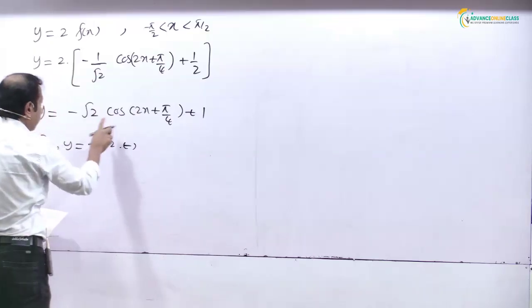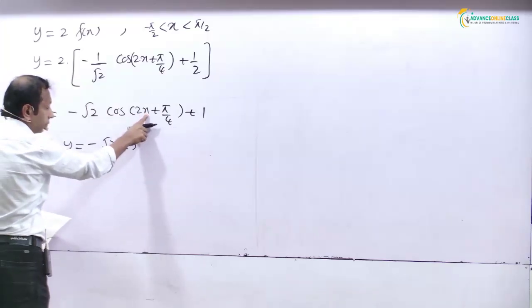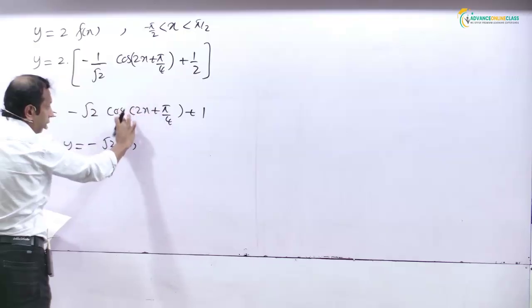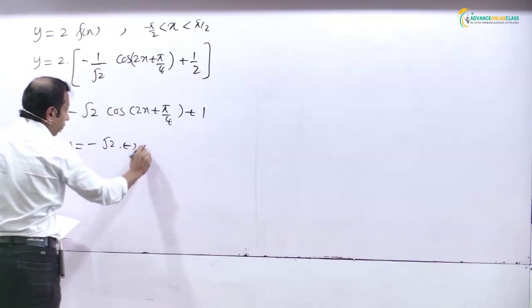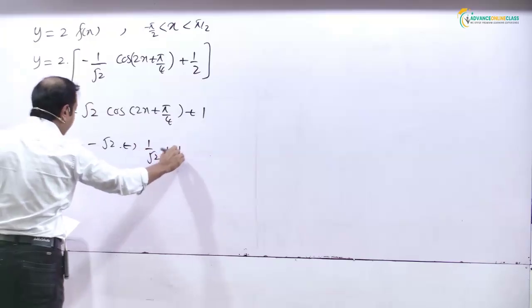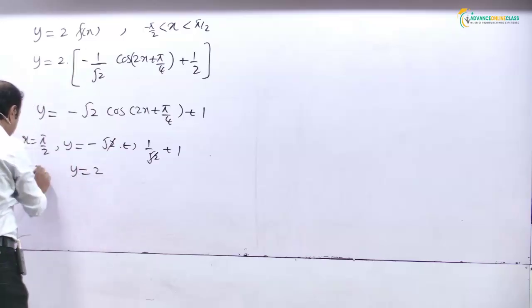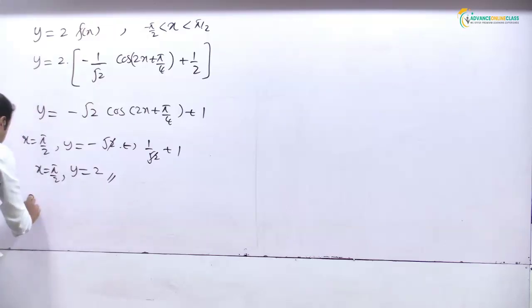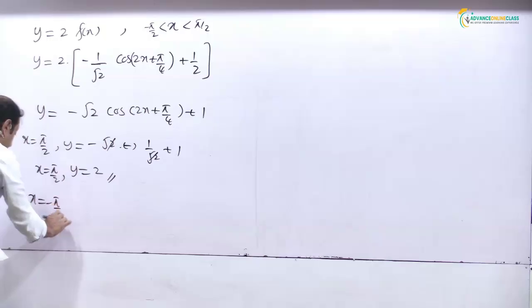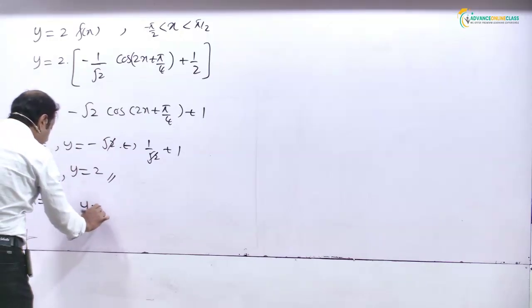That is 1 over root 2, plus 1. This and this we can cancel down. Y equals 2. X equals pi by 2, y equals 2. Now x equals minus pi by 2. Let's see what happens.